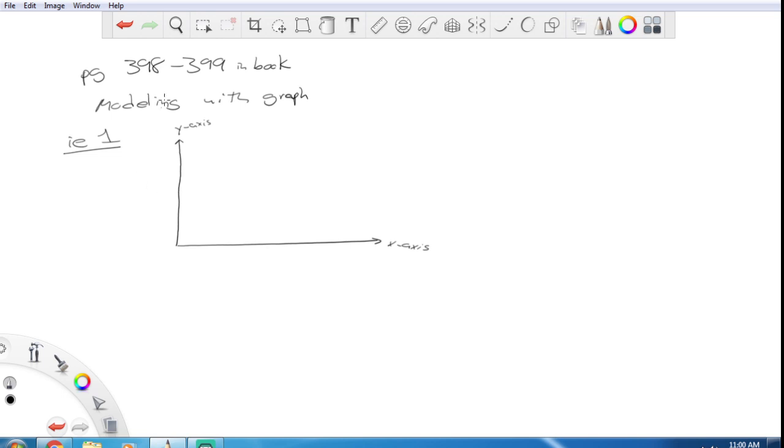You have a dependent variable that goes on your y-axis, and for our purpose for the question, this is going to be distance from home. So this is measuring distance from home. And it's important to know what that's measuring. So it's important to read things that are coming out. And on your x-axis, this is going to be in time. And here we have 0. So this would be 0 time and 0 distance from home.